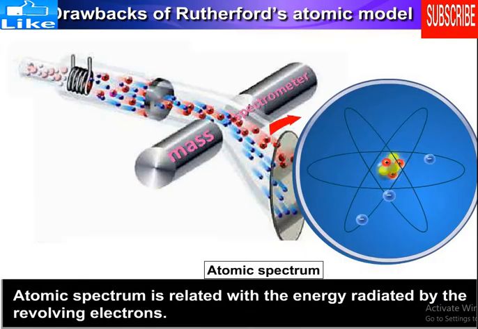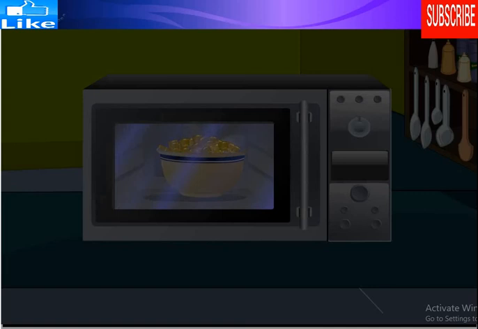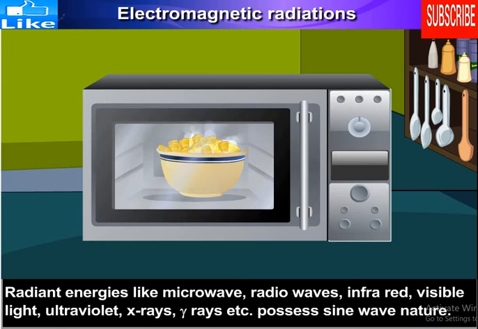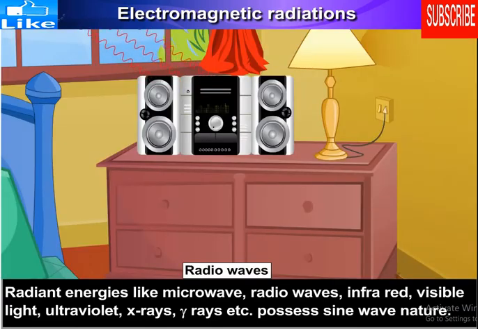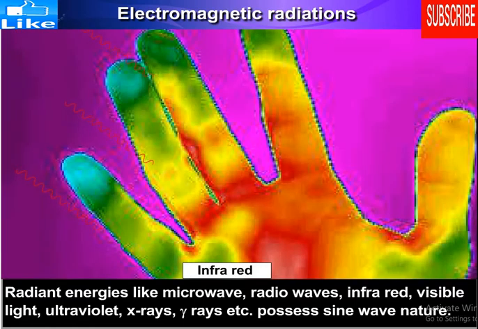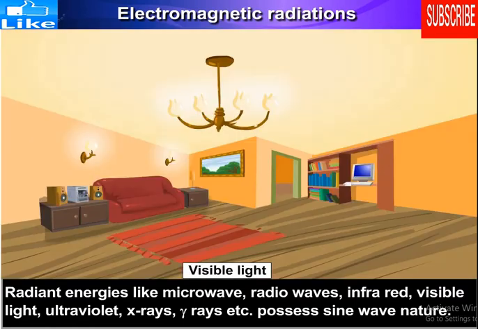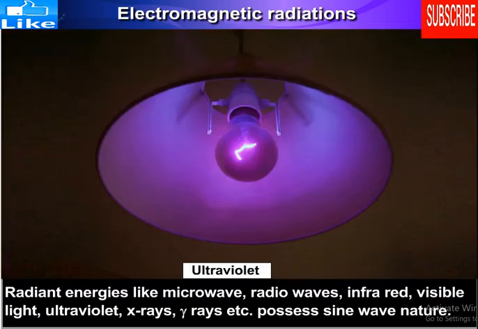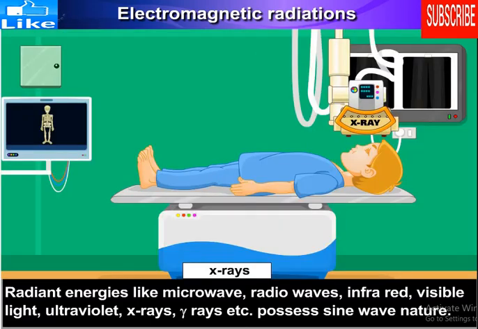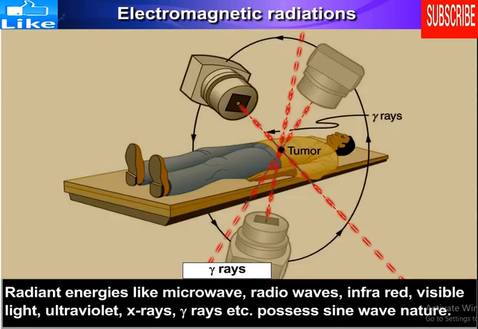Atomic spectrum is related with the energy radiated by the revolving electrons. Electromagnetic radiations. Radiant energies, like microwave, radio waves, infrared, visible light, ultraviolet, X-rays, gamma rays, etc., possess sine wave nature.